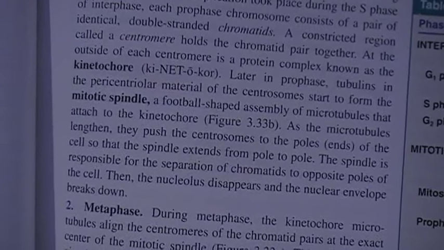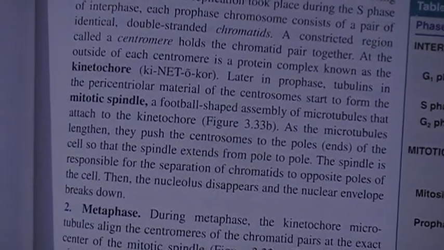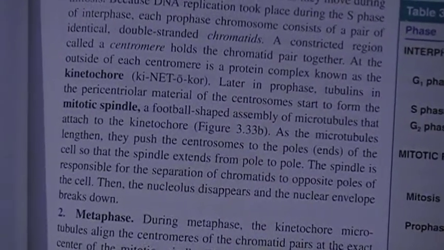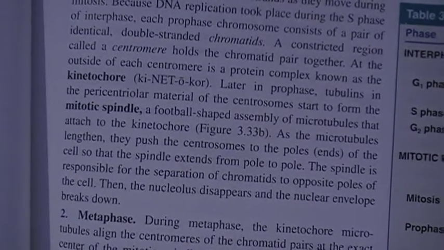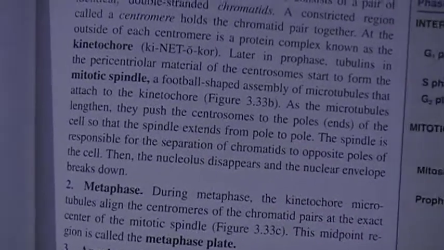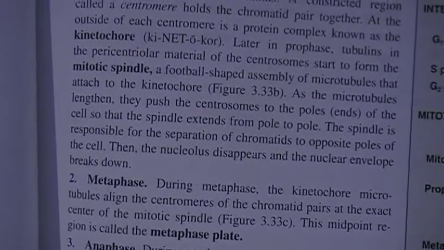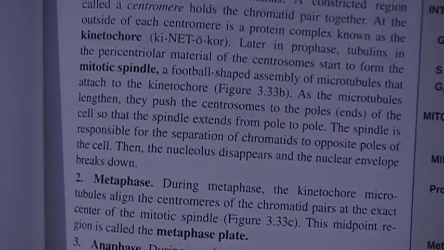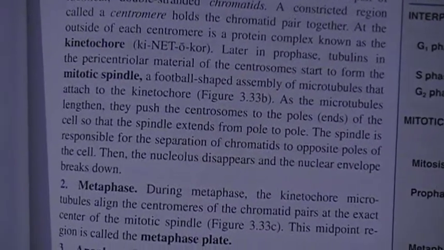Later in the prophase, we have tubulins in the pericentriolar material of the centrosome start to form the mitotic spindle. As the microtubules lengthen, they push the centromeres to the ends so that the spindle extends from pole to pole. The spindle is responsible for the separation of chromatids to opposite poles of the cell.